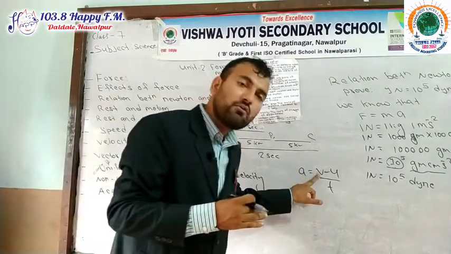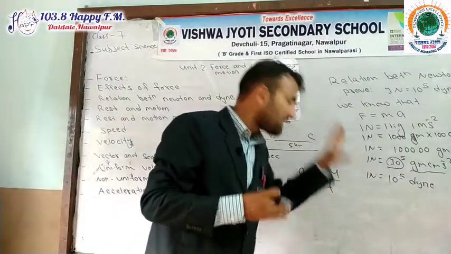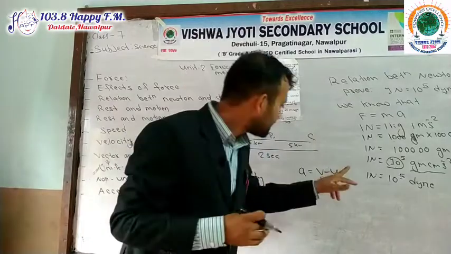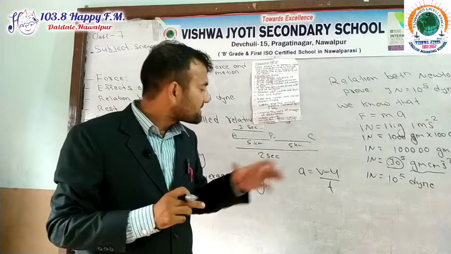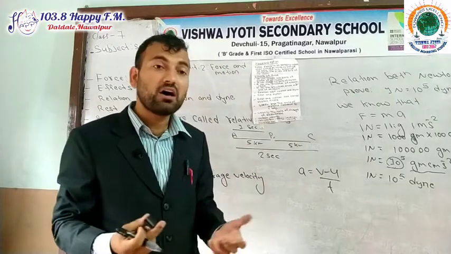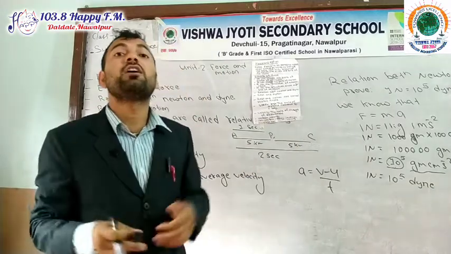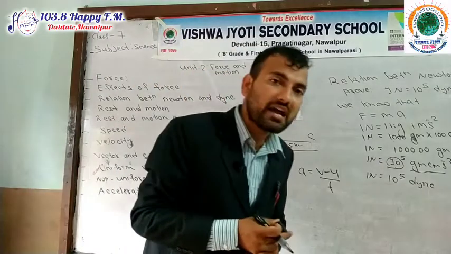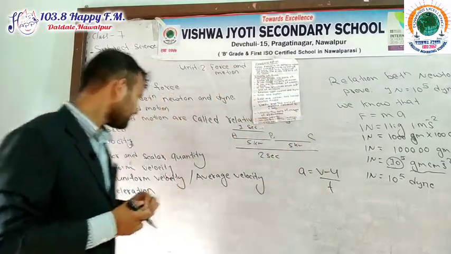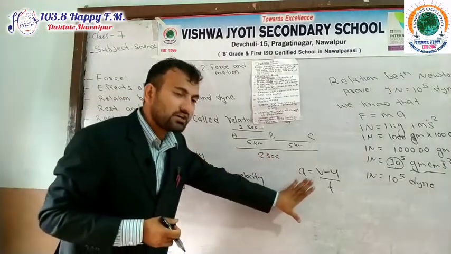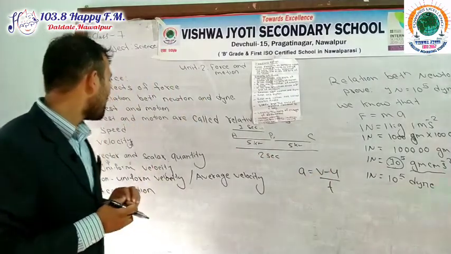If the final velocity is smaller than the initial velocity, in that condition acceleration is negative, also called retardation. Its formula is a = (v - u)/t.